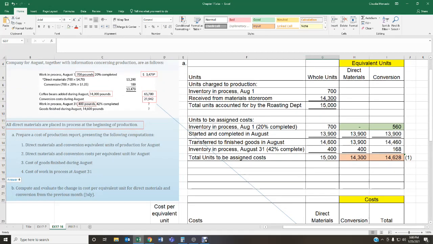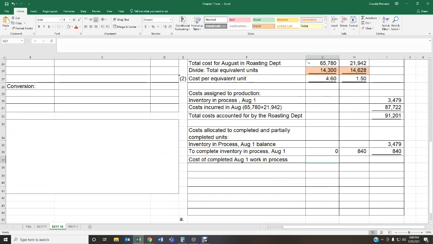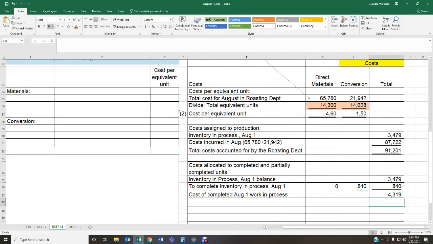That was the cost of the 700 pounds that were partially complete. I'm going to add my cost to complete them this month, which was $840 of conversion costs. So the actual cost of completing the August 1st work in process is the sum of these two numbers, which gives me $4,319. So I'm going to have to spend $4,319 to complete the coffee beans from last month.